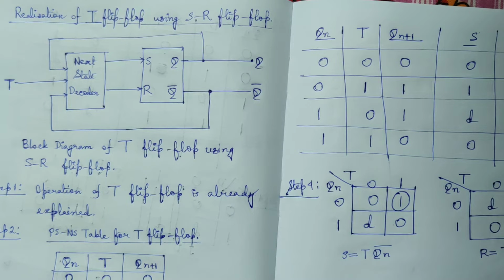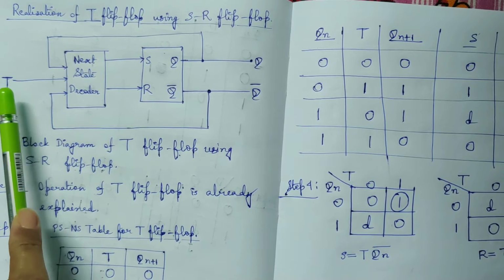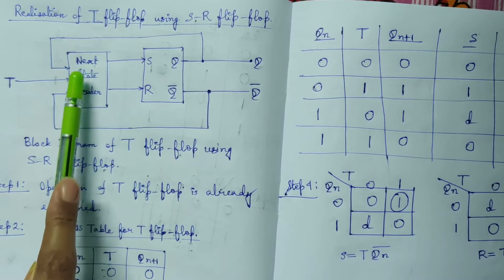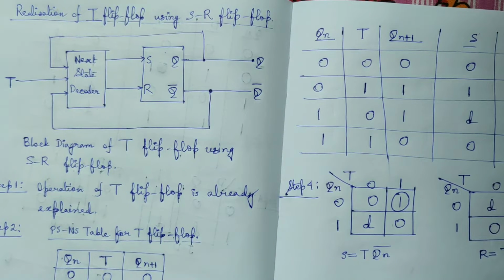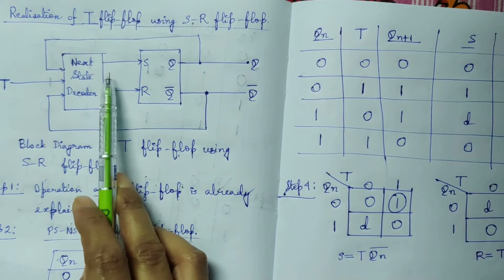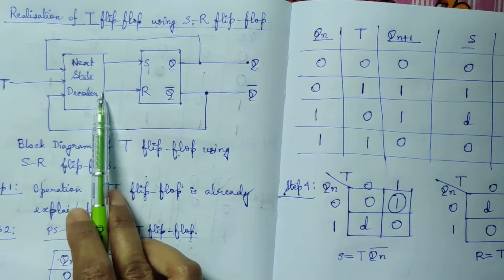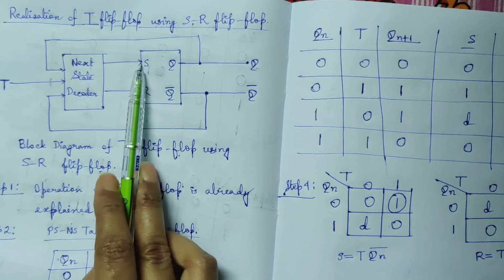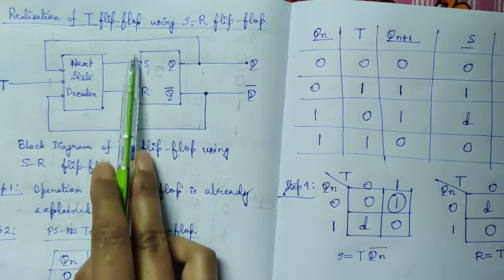As we have to construct a T flip-flop, we will give the T input as the input of the next state decoder, or the combinational circuit, and the outputs of this combinational circuit will be fed as the inputs to the SR flip-flop.